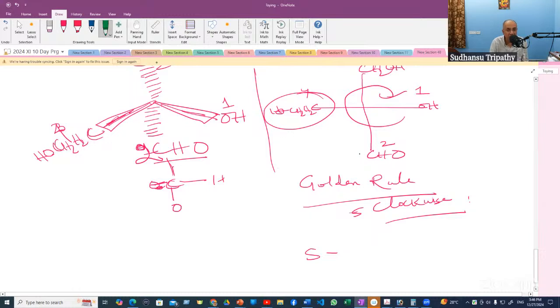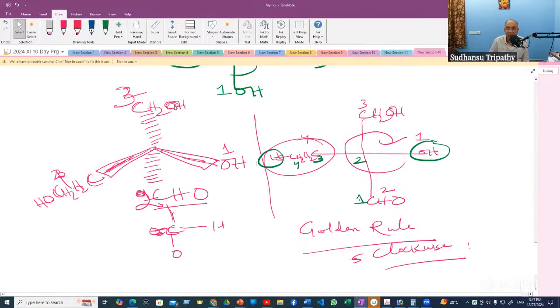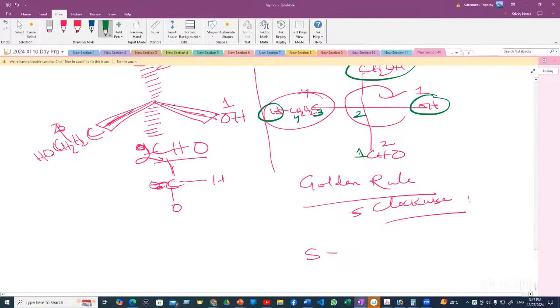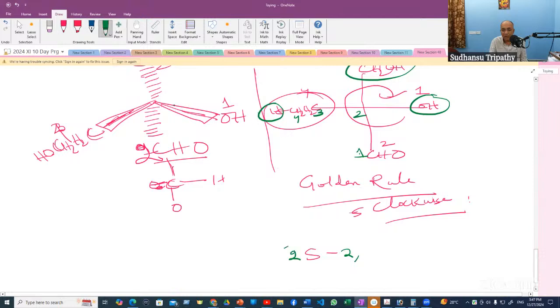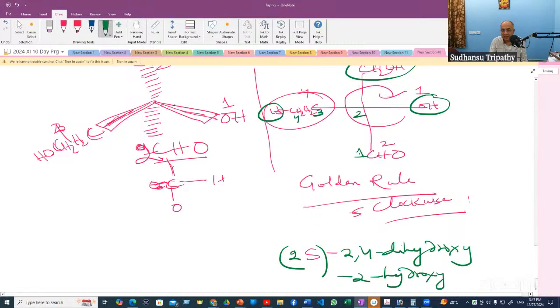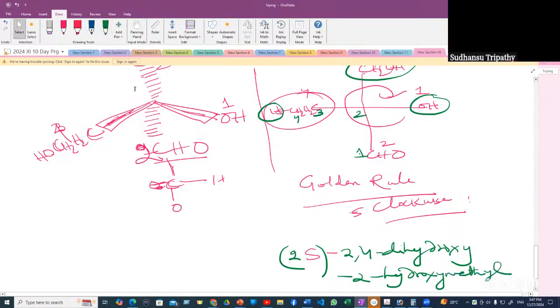Don't disfigure the CIP assignment, 1, 2, 3, 4. Here 1, 2, 3 stop here, so aldehyde is zero marks, the rest are all zero marks. There are two hydroxy, so dihydroxy. 2,4-dihydroxy, this group is hydroxymethyl. Sir, 2,4-dihydroxy, 2-hydroxymethyl butanol.